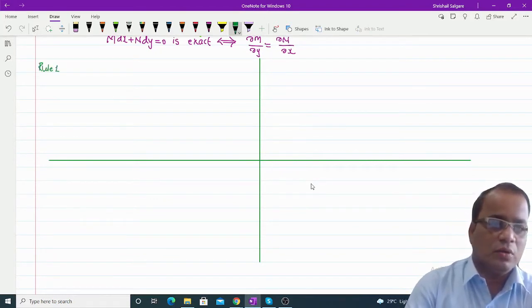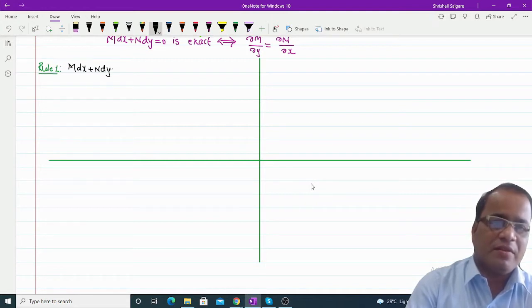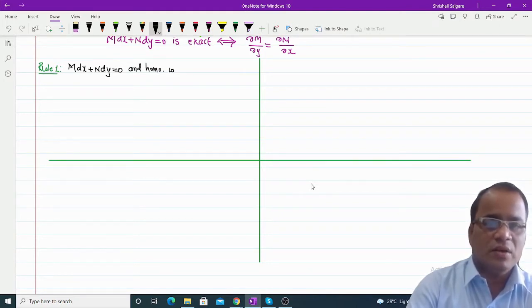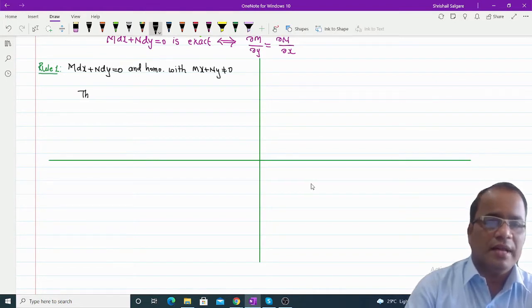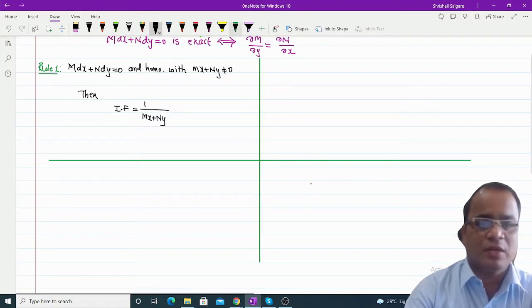If the equation is M dx plus N dy equal to 0 and this equation is homogeneous, with the condition that Mx plus Ny is not equal to 0, then the integrating factor is given by 1 upon Mx plus Ny. So that is rule 1.